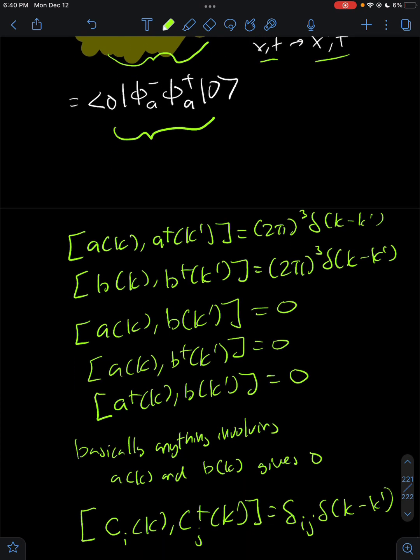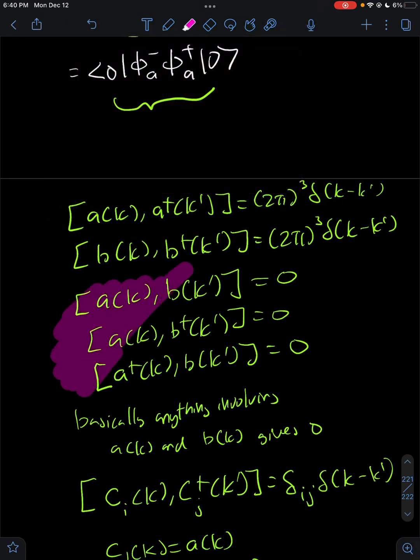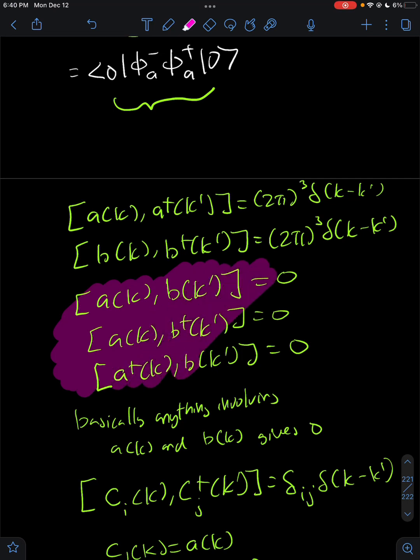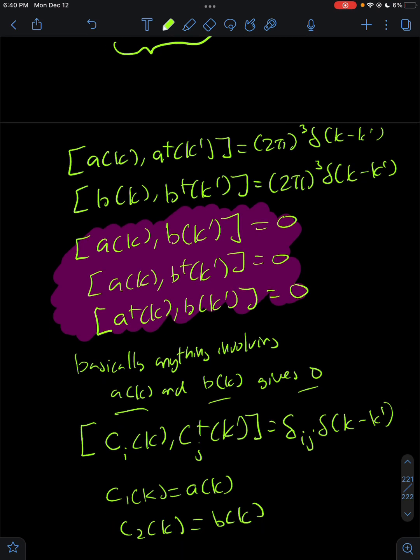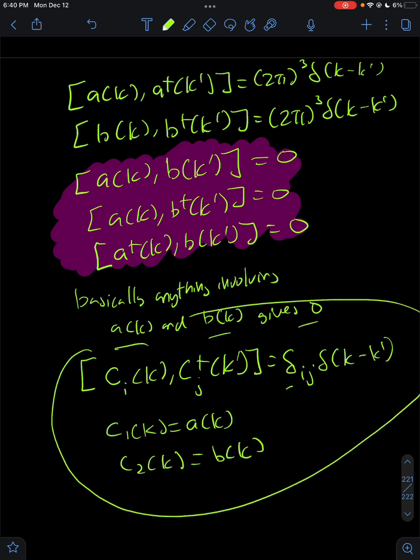Also, there are some more sets of commutators that we should cover. There are these ones right over here. For some of the concepts that we talked about today, we'd have to use these to prove them in full detail. Basically, anything that involves a of k and b of k gives a 0. We can also write this a bit more compactly, like this, where here we have the Kronecker delta, and then here's the delta function.